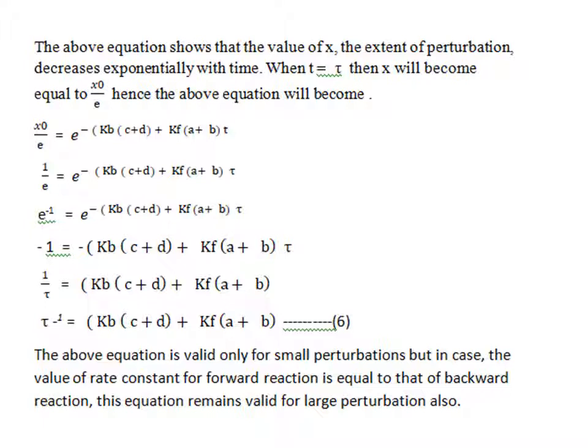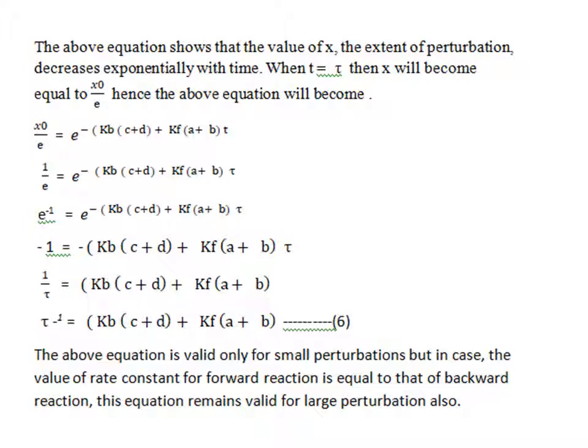When t is equal to tau, then x will become equal to x naught over e. Hence the above equation will become x naught over e is equal to x naught into e to the power minus kb into c plus d plus kf into a plus b over tau. 1 over e is equal to e to the power minus kb into c plus d plus kf into a plus b into tau.